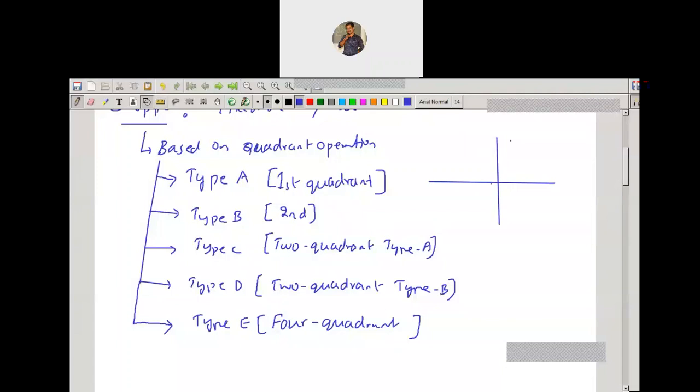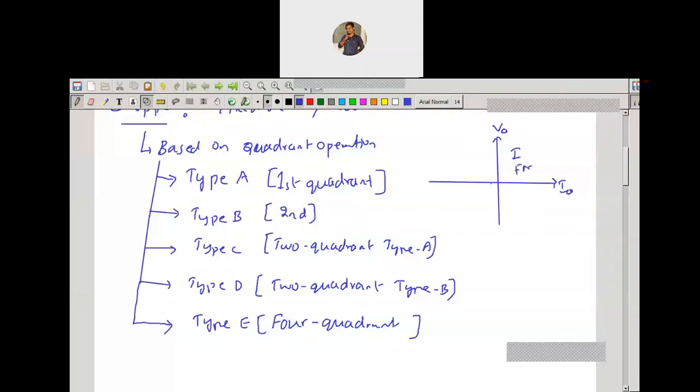If you take voltage on the y-axis, that is armature voltage, and armature current, this is the output of the chopper: output voltage V naught and output current I naught. Now this is the first quadrant chopper, which operates in the first quadrant. For this chopper, the output voltage as well as the output current is going to be positive, and we know it is a forward motoring operation.